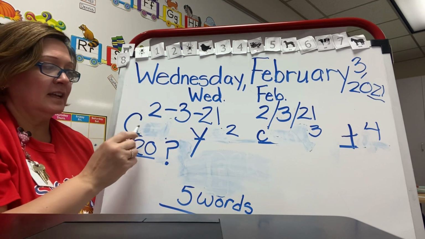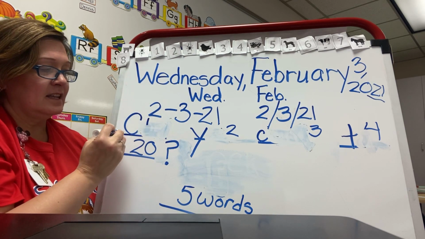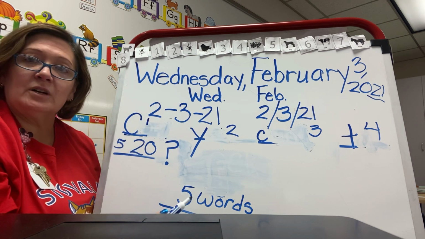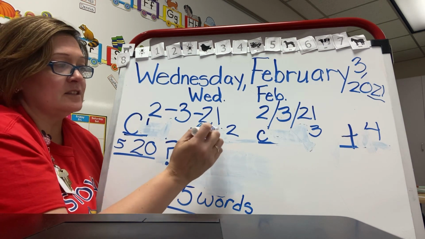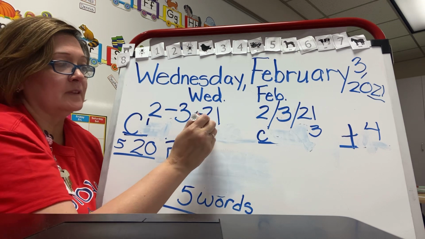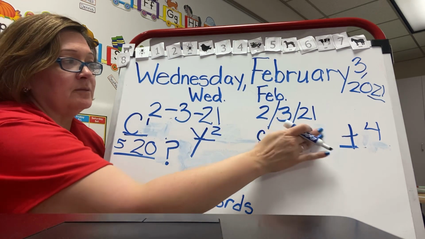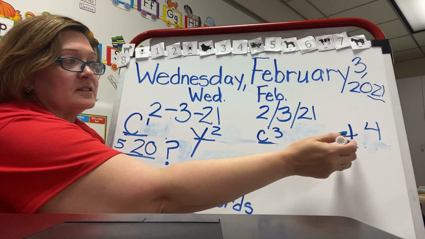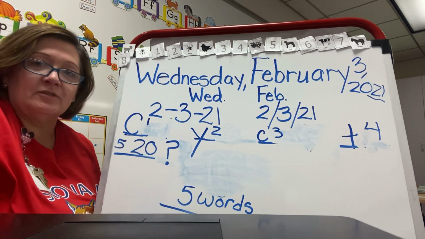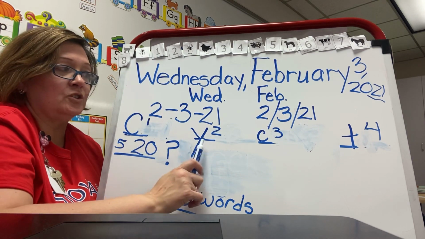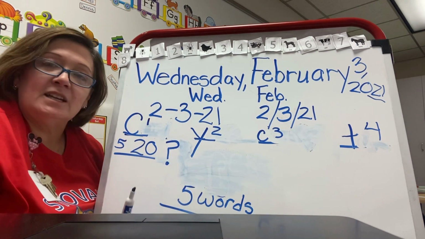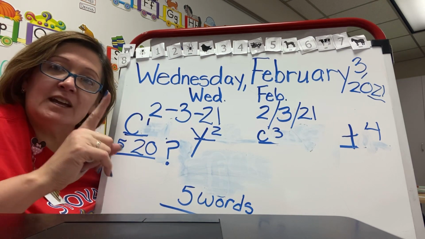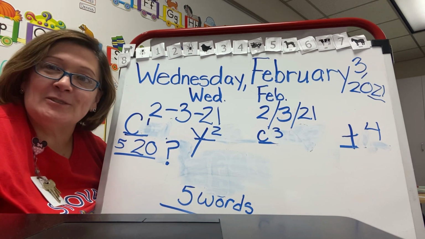Because they're understanding this is the beginning of a word. This is a word. This is word number 2. This is word number 3. This is word number 4, and this is word number 5. So if they're just writing the first letter of every word, that's okay too.